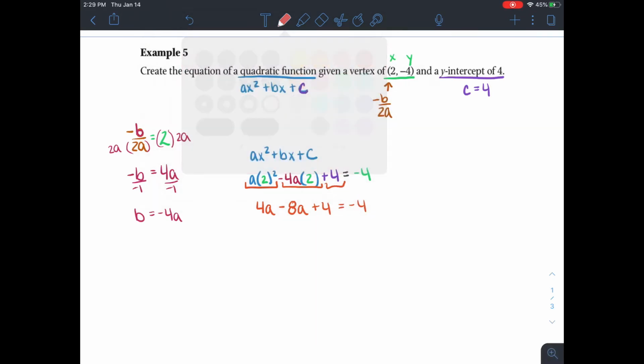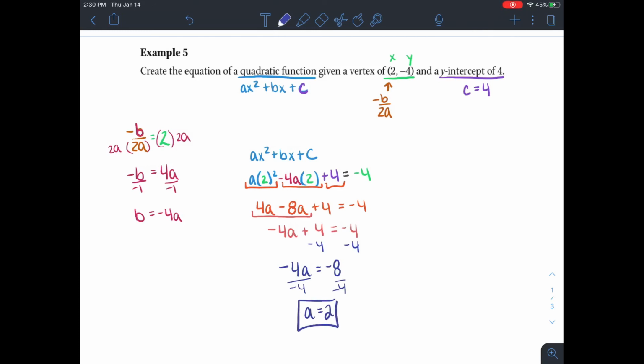So using this to combine some like terms, 4a minus 8a gives us negative 4a plus 4 equals negative 4. If we move the positive 4 by subtracting on both sides, we get negative 4a equals negative 8. Divide both sides by negative 4, we get a equals 2.